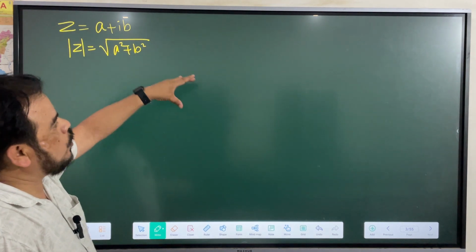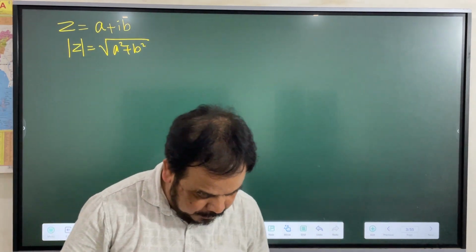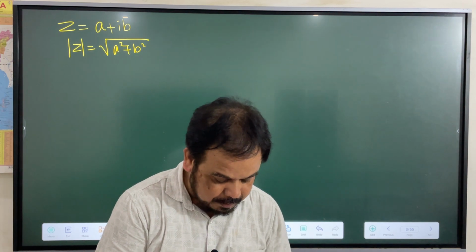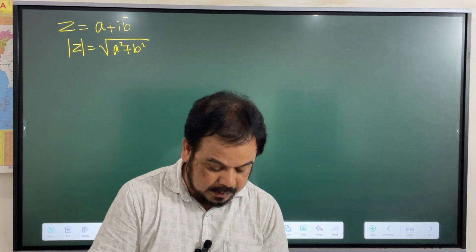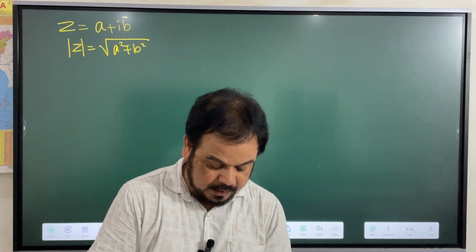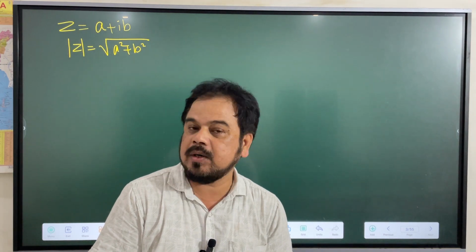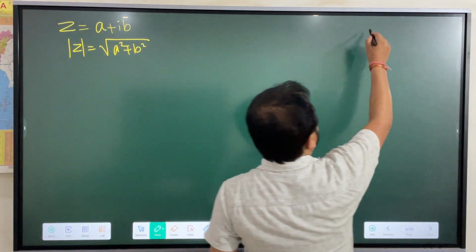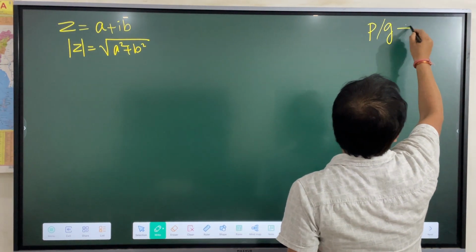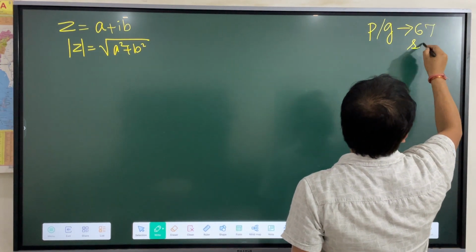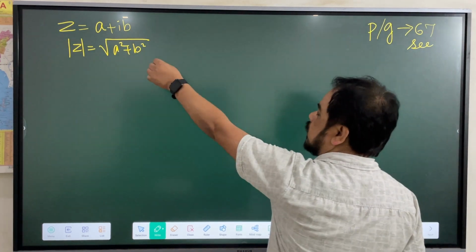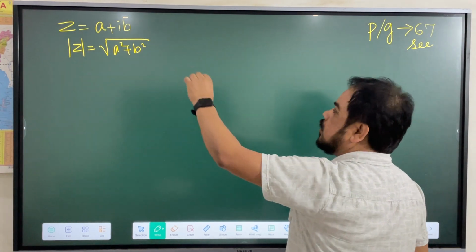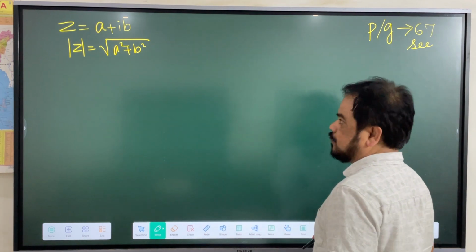This can be shown in the diagram on page number 67. That mode is already explained. Please check figure number 2.7, page number 67. Please see it again, then you will understand this. If you have forgotten, please check it.